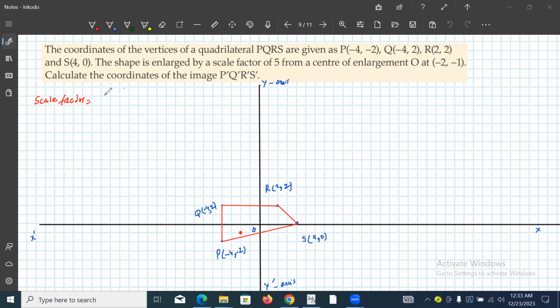For OR dash we are looking, OR is given, and the scale factor is 5.